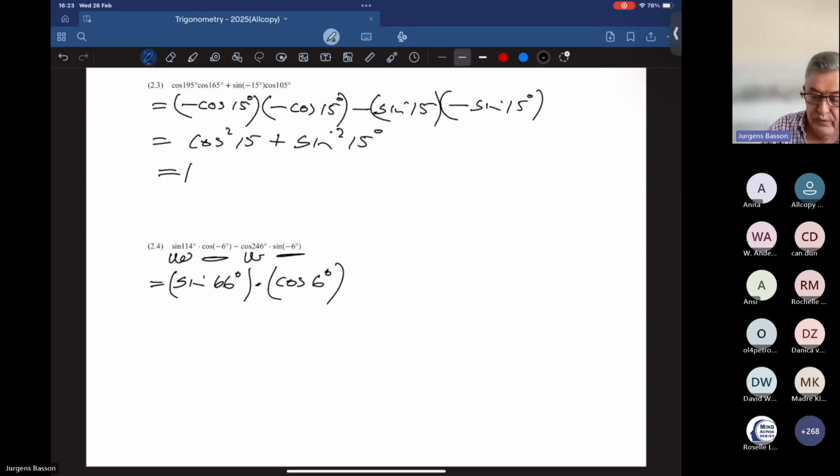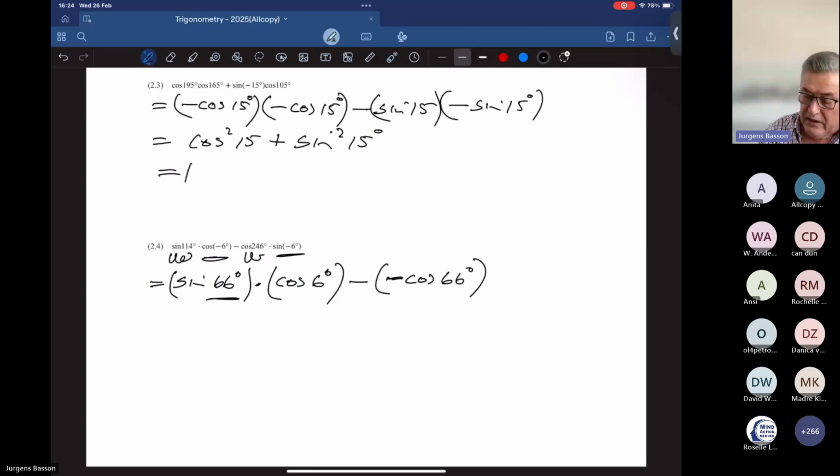And then we say minus, and then I'm going to do the cos of 246. Now the cos of 246, where will that be? 270 in the third, and cos is negative in the third. So it's 180 plus 66, the cos of 66, and you see we're quite happy with that, because here we have the 66 also.